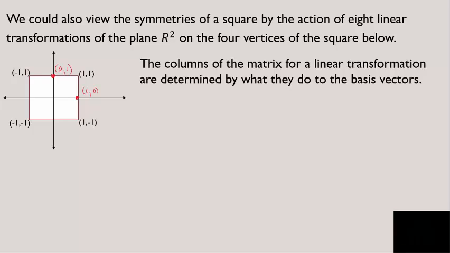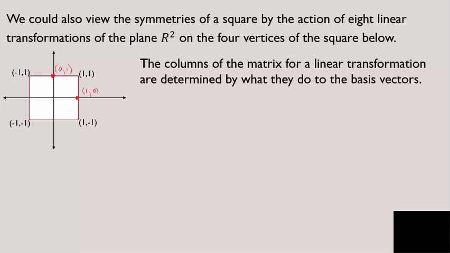Another way that we could view the symmetries of the square is by thinking of linear transformations of the entire plane. Which linear transformations of the plane R2 send the vertices of the square to the vertices of the square? You may remember from linear algebra, and if you don't, that's okay.